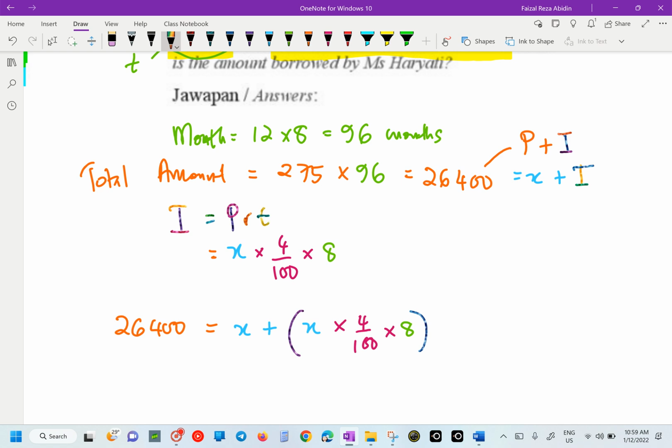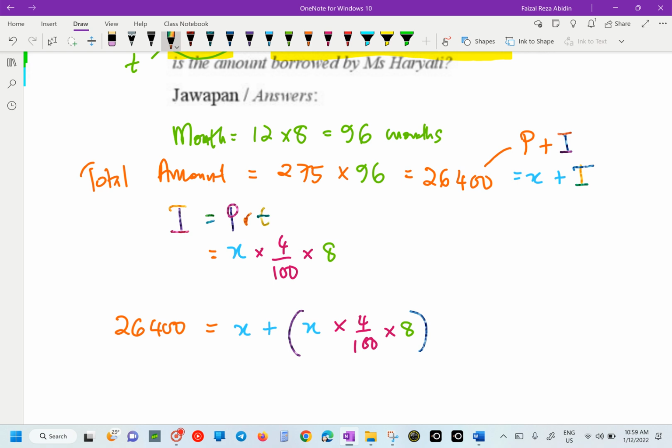What do you get? 4 over 100 is 0.04, times 8 is 0.32. So 0.32. Please, do not solve X plus X first. That's why I put the bracket there.